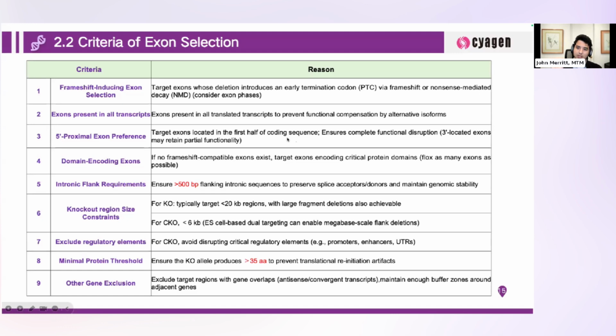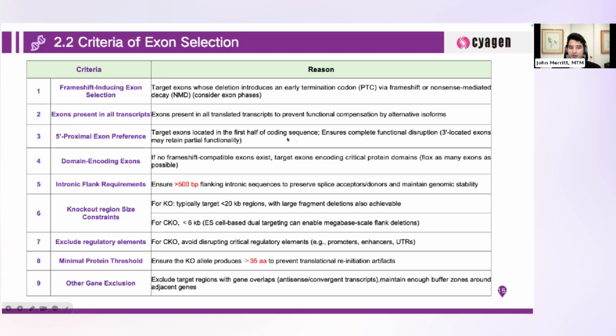We don't target the start codon region because we still want the translation to be initiated at the start codon, but then we want that start codon to go off and translate nothing. And so if we can't find an exon that is compatible, then we try to target whatever domain is most important according to literature. So that requires a literature search. But then people debate over what is the most important domain.